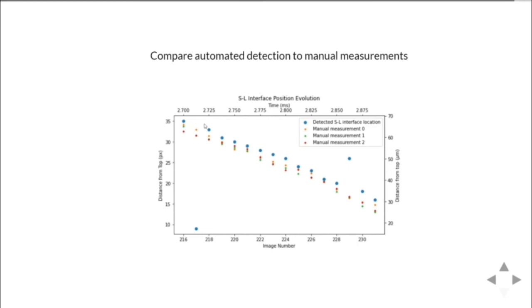So we can see here that although the detection is generally larger than the manual measurements, the trend matches, which is a good thing to see. So we do still need some further analysis and maybe honing in on some of these different ways where we can improve this, but generally we are matching the trend, which is a good thing.